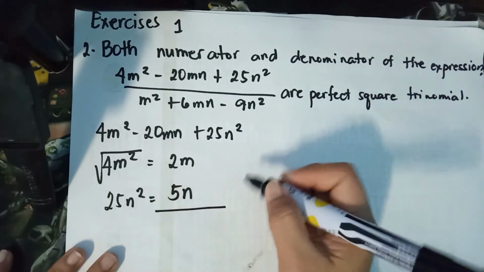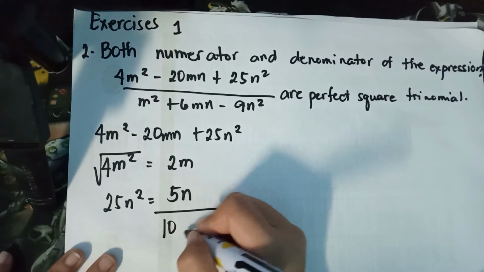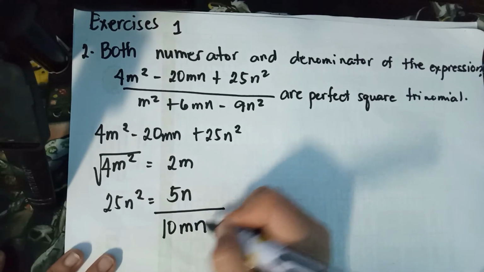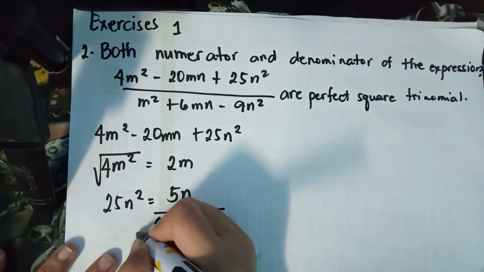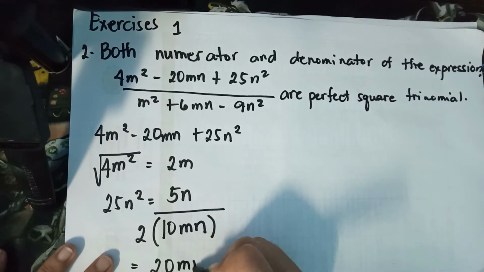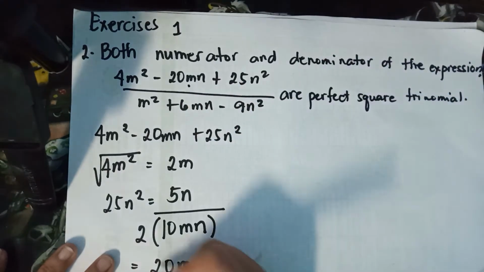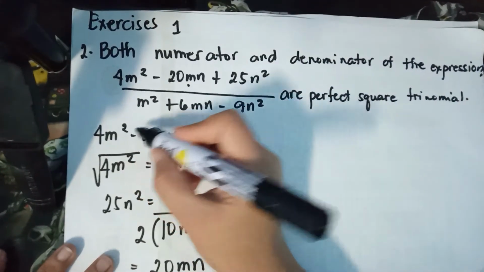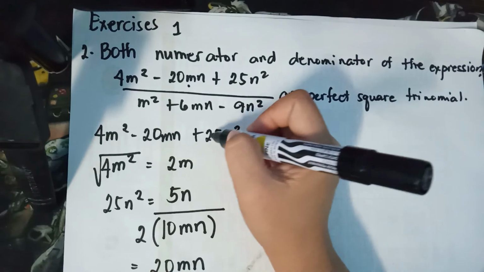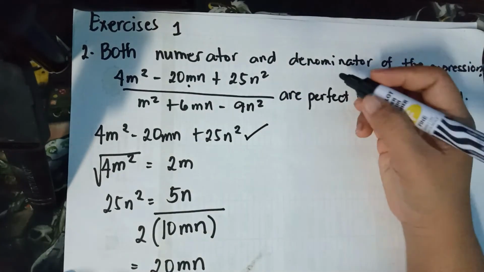Next, multiply them: 2 times 5 is 10mn, and twice that becomes 20mn, which is our middle term. Then 4m squared minus 20mn plus 25n squared is a perfect square trinomial.